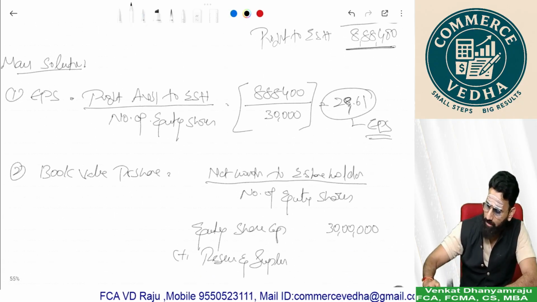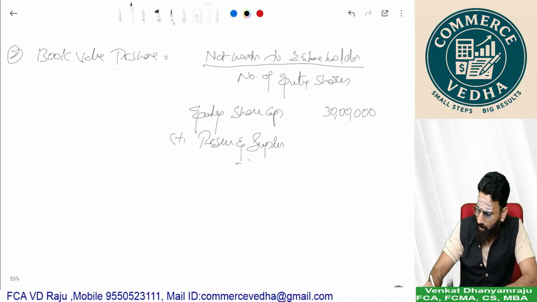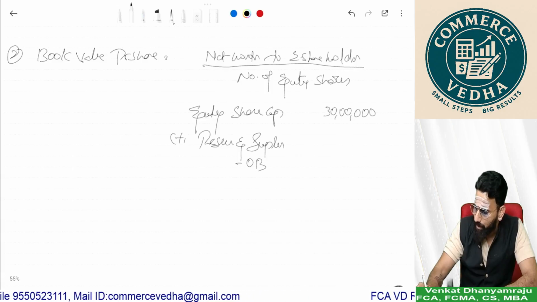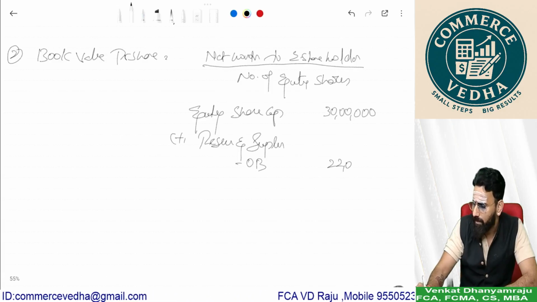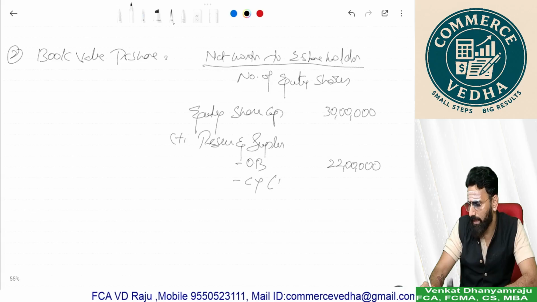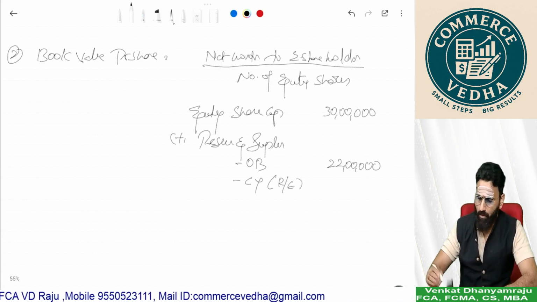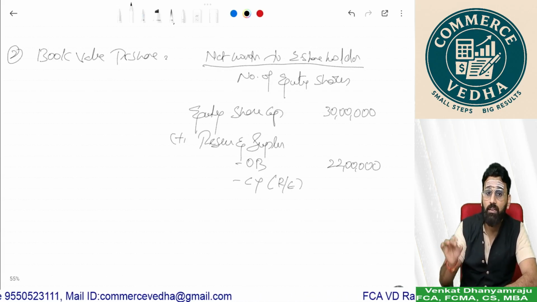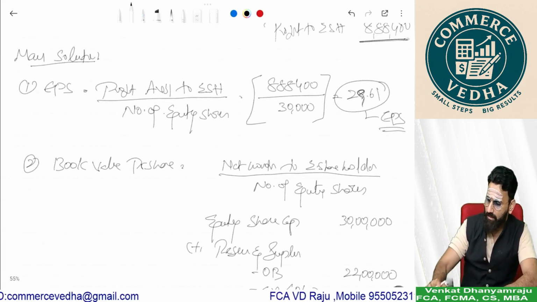So I'm going back here. Reserves, opening balance 22 lakhs, and current year retained earnings. We should identify what is the current year retained earnings. Let us see the question here.